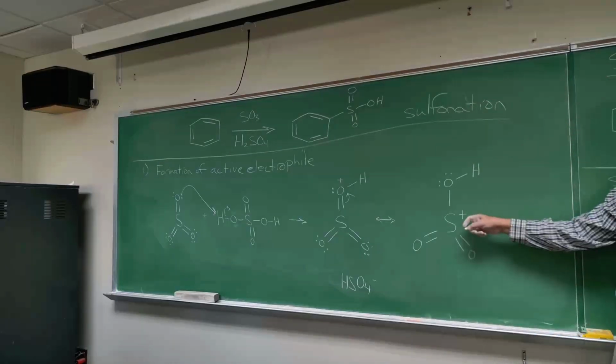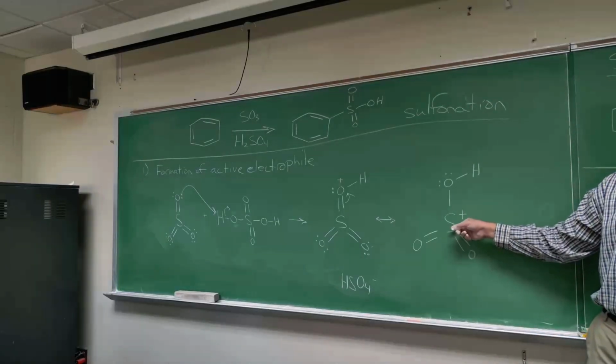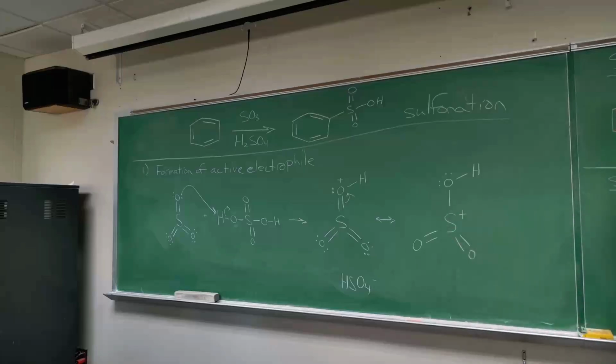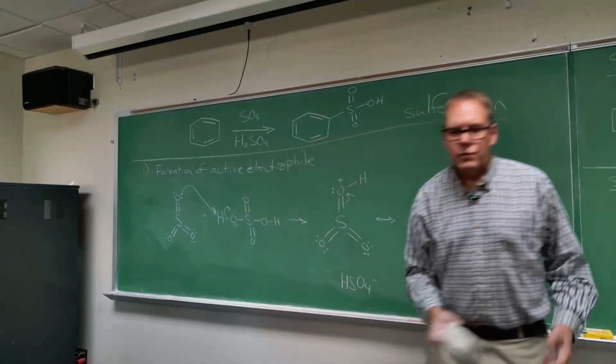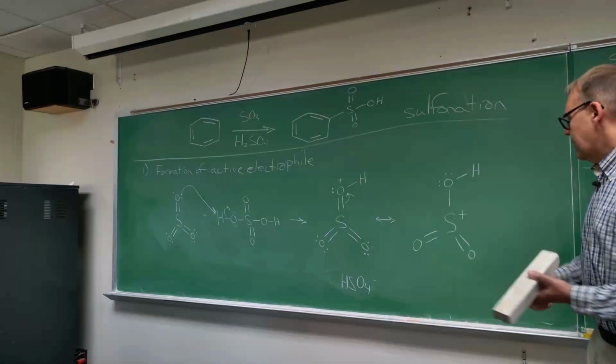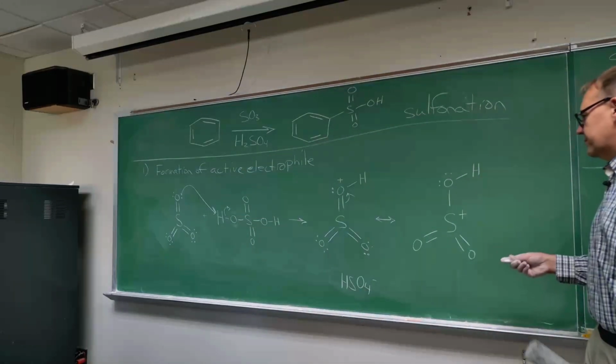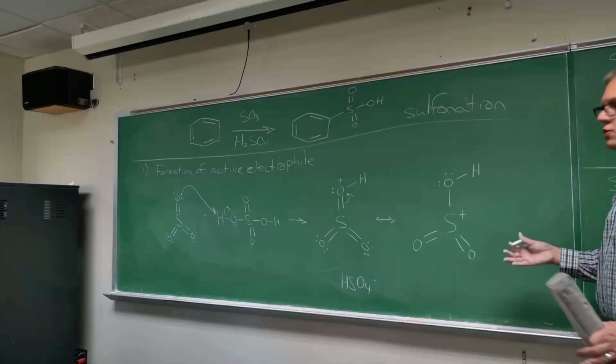It's got a sulfur that's positively charged. All that has to happen is the ring has to just go attack it and make a bond to it. And so that's what's going to happen in the next steps. So that's the active electrophile in the sulfonation reaction.